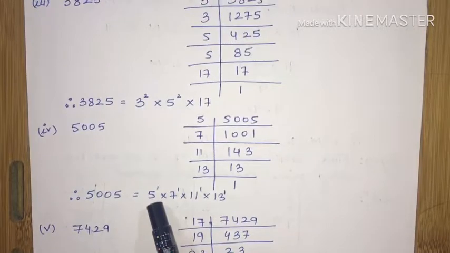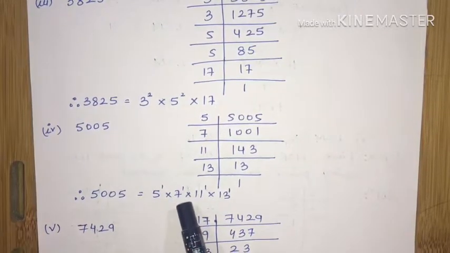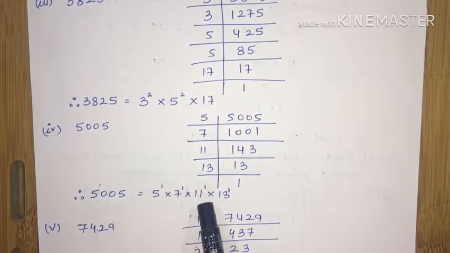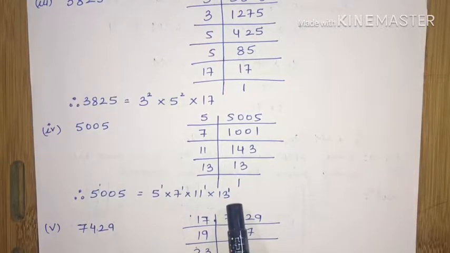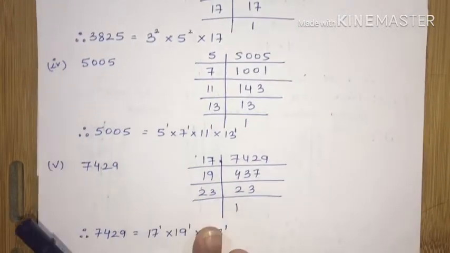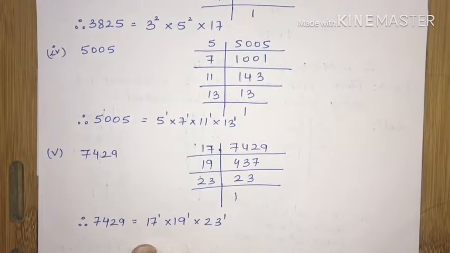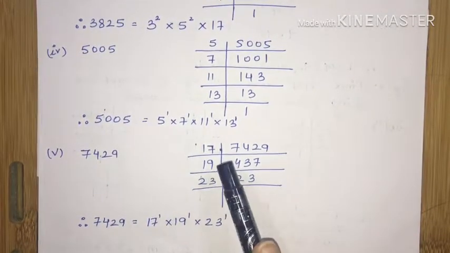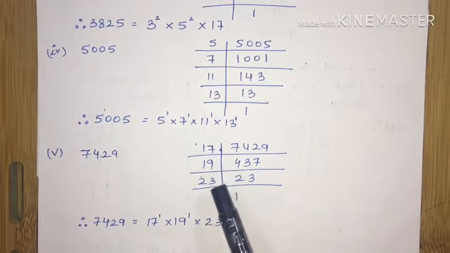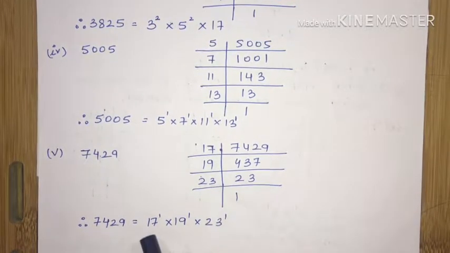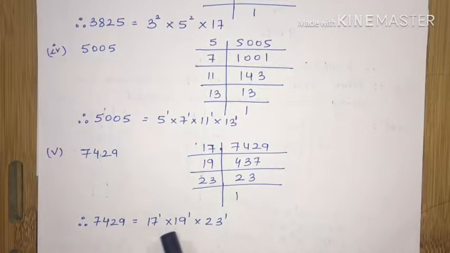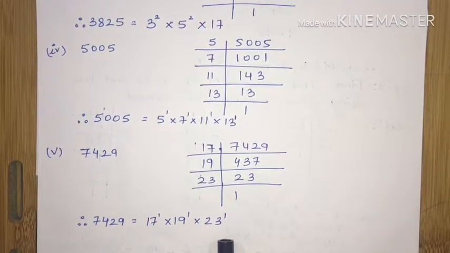So 5 raised to the power 1 into 7 raised to the power 1 into 11 raised to the power 1 into 13 raised to the power 1. And the last is 7429. Prime factors of this number are 17 into 19 into 23, which is equal to 17 raised to the power 1 into 19 raised to the power 1 into 23 raised to the power 1.